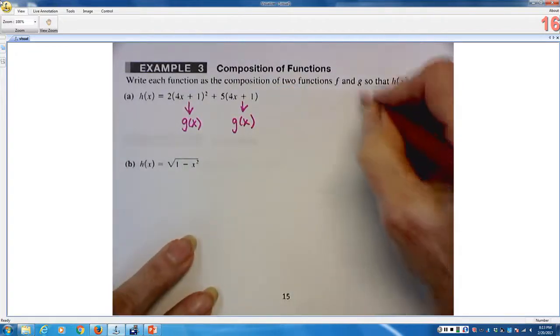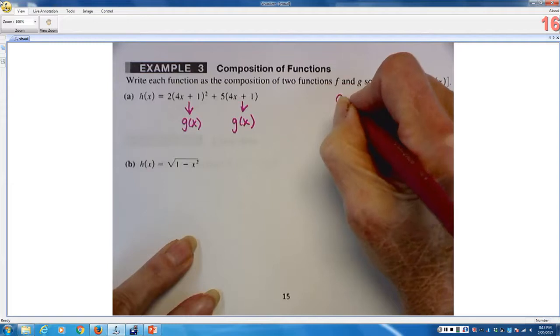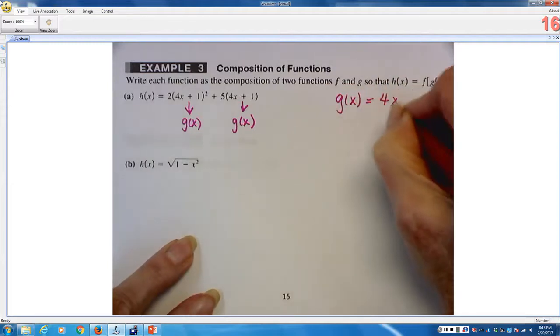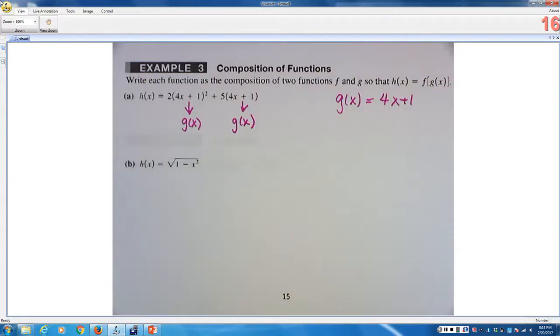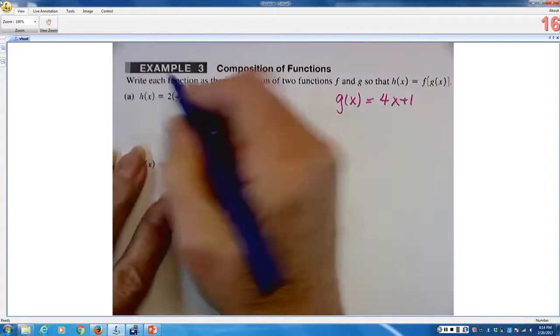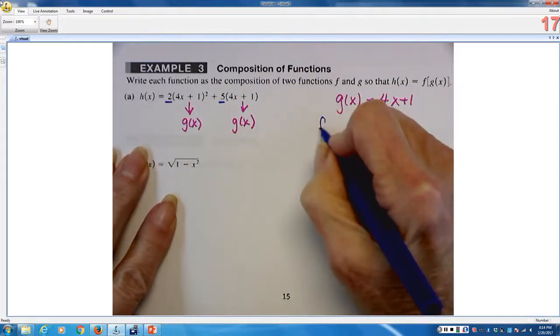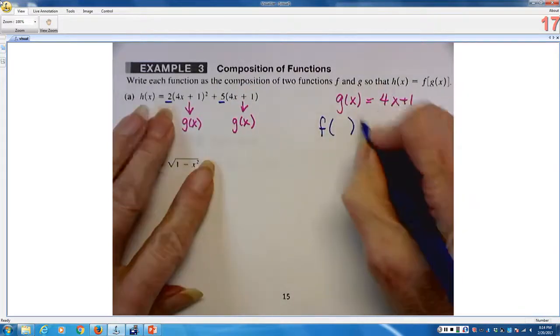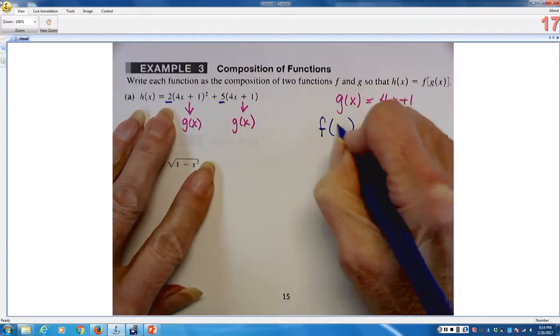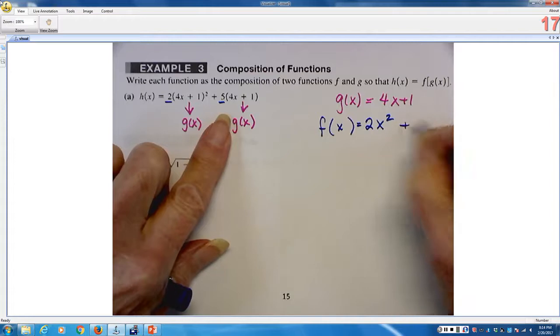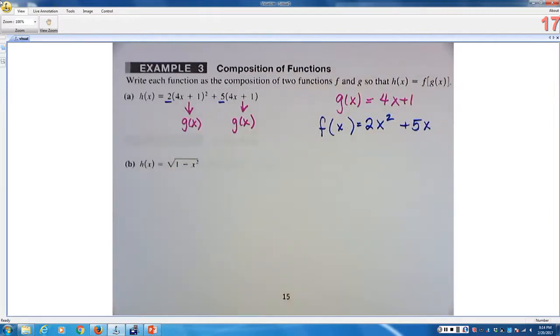So g of x is going to be 4x plus 1. And then the part that's being done to that is f. So f takes whatever you give it, squares it and multiplies it times 2, then multiplies it by 5 and adds that to the first term. Okay?